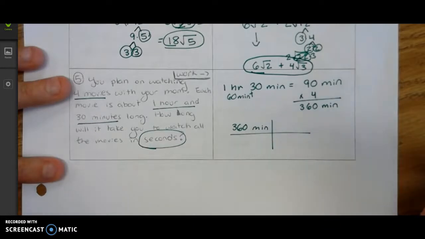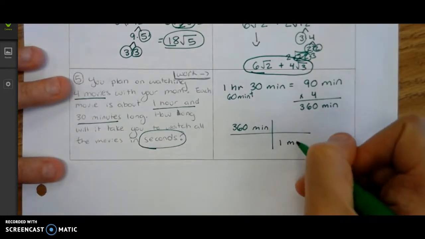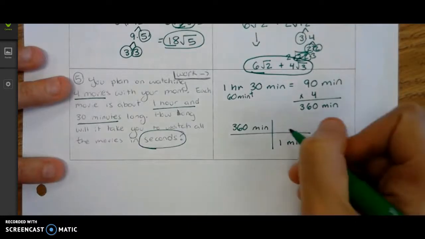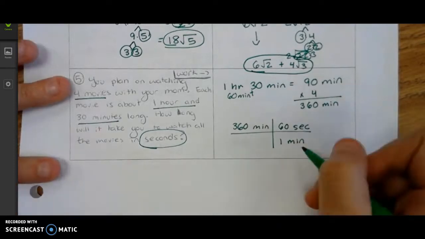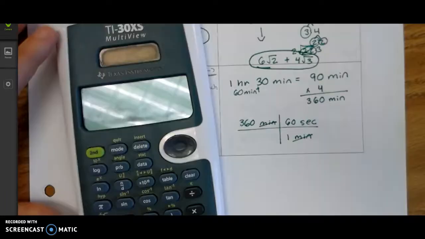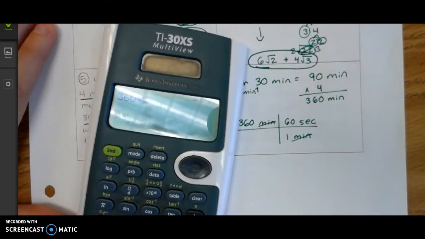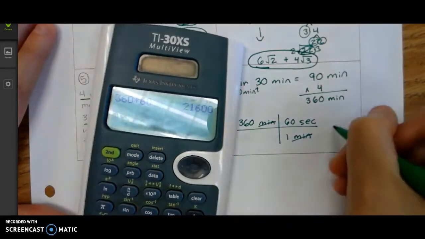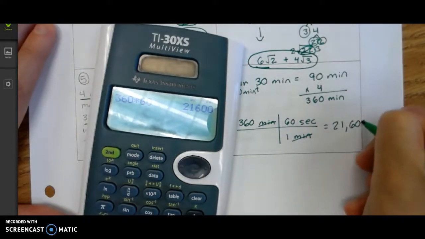And we know that there are 60 seconds in 1 minute. I need minutes to cancel out, so I'm going to put that on bottom. Change this to 60. Minutes cancels, and that's going to give me my answer as just seconds. So let's plug that in the calculator. 360 times 60. 21,600 seconds.